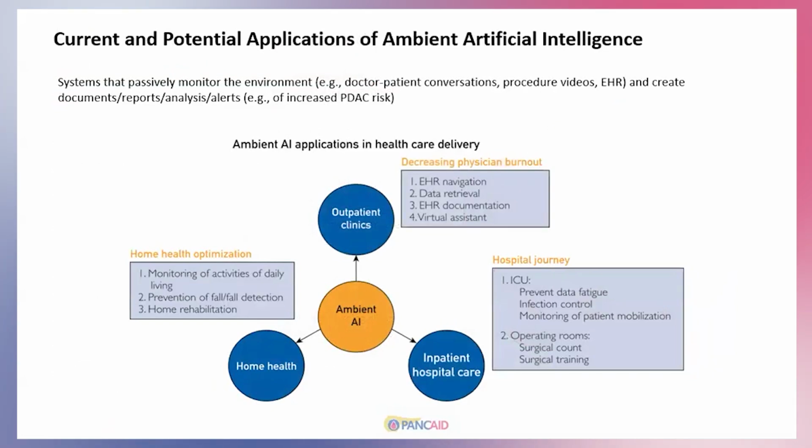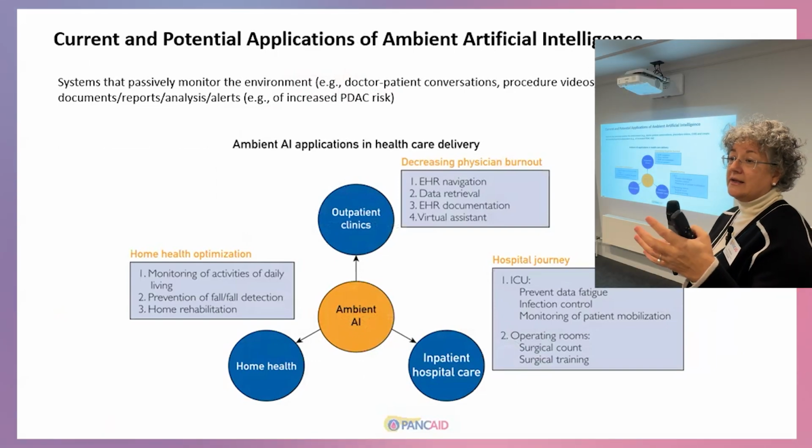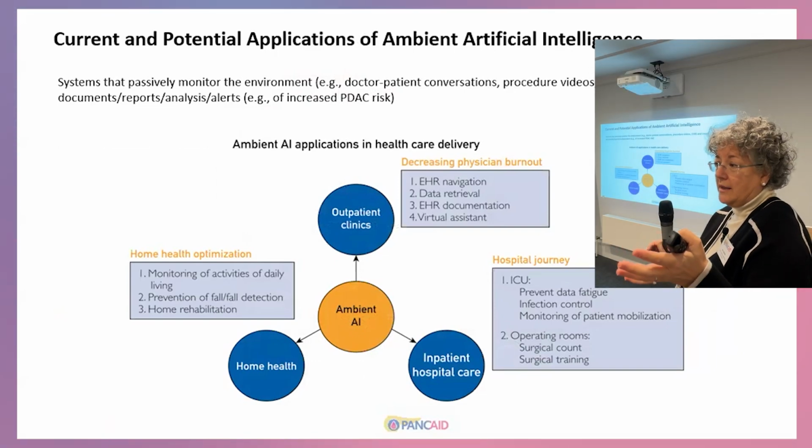So ambient AI is actually a system that passively monitors the environment in order to create documents, reports, analysis, or alerts. In a way, it works like Alexa from Amazon, that you may know about.